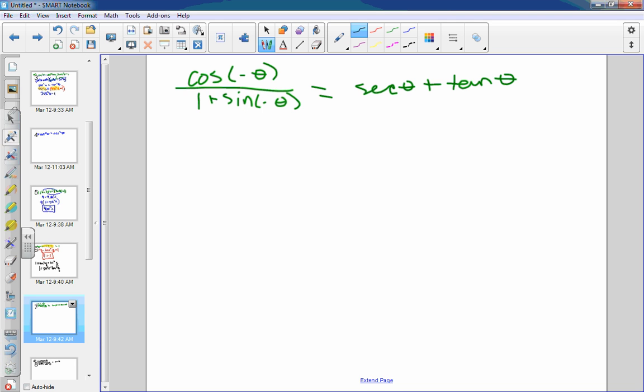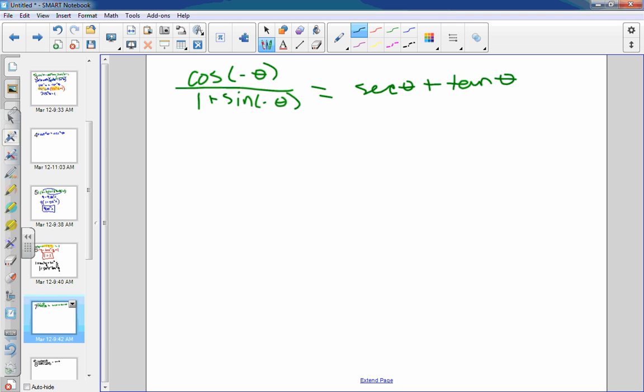Cosine of negative theta divided by 1 plus the sine of negative theta is equal to the secant of theta plus the tangent of theta. What's your gut telling you to do first? You want to use your even and odd identities, right?